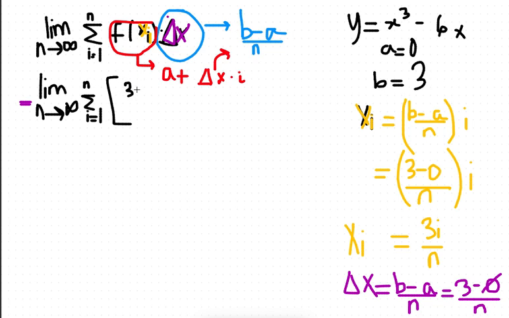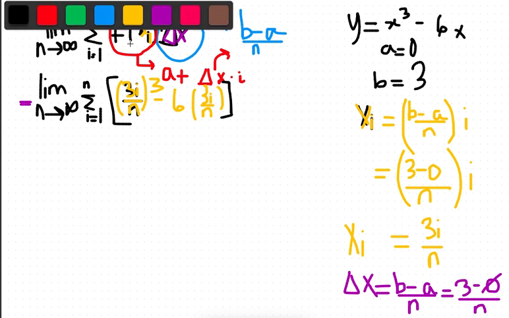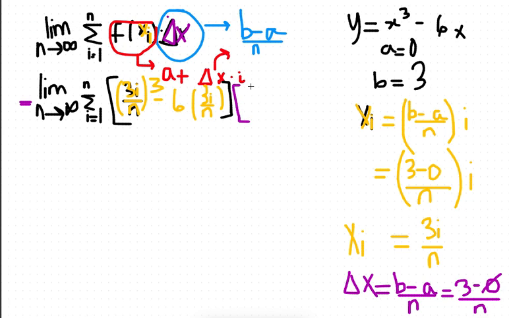So we have 3i over n, actually this should be in yellow, 3i over n cubed, minus 6 times 3i over n, and now close the bracket, and times delta x, which was in purple. Delta x is 3 over n, so we'll have times 3 over n.